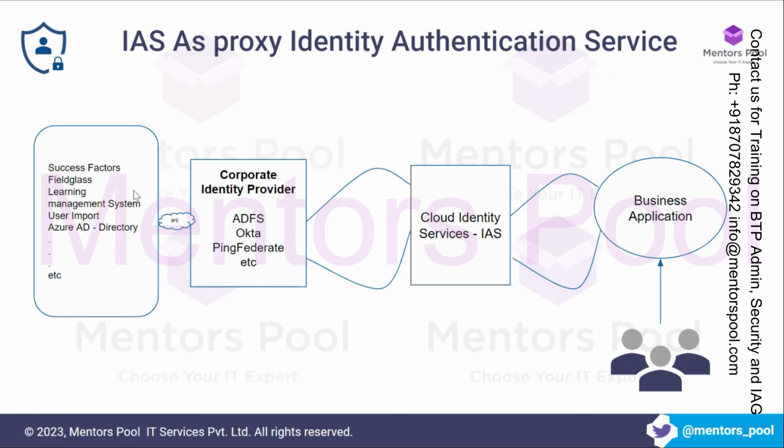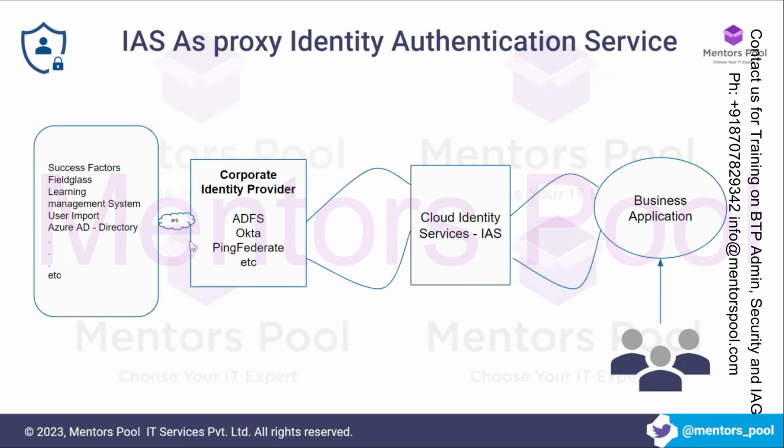Then they may not have other source systems, only SAP related source systems, and they are using a corporate identity provider already and syncing the data from these systems to it. Now again the same scenario we discussed previously.